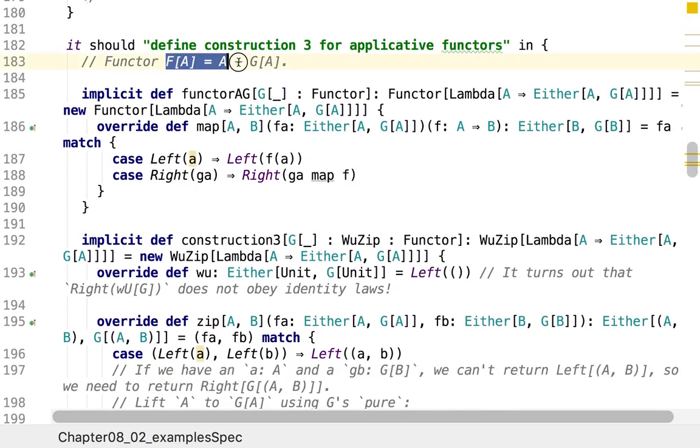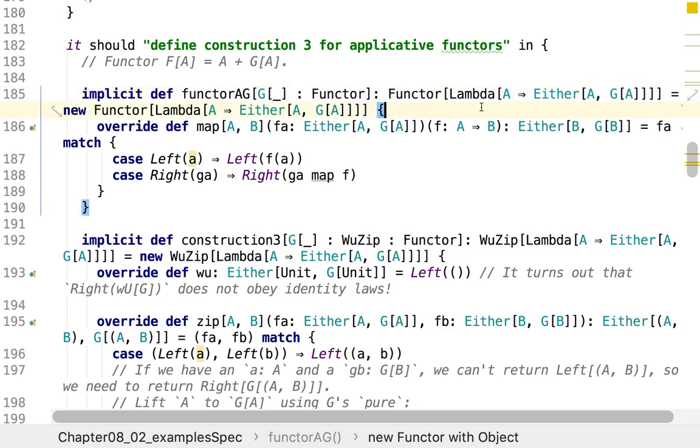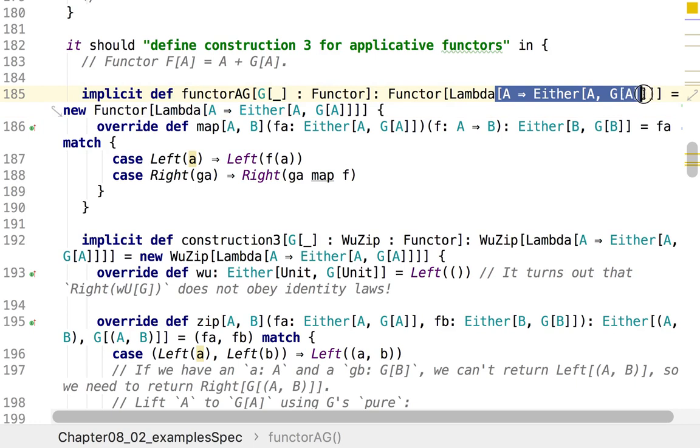So this is this functor. Again, we will use the kind projector in order to denote this type constructor. And so the syntax will be like this. It's a type function that takes a type parameter A and returns a disjunction of either A or G of A. Note that in the syntax for the type function, A is a type parameter that is only defined in the argument of this type function.